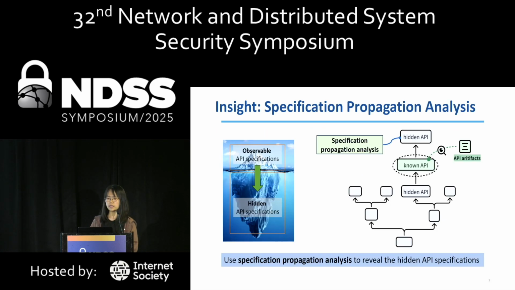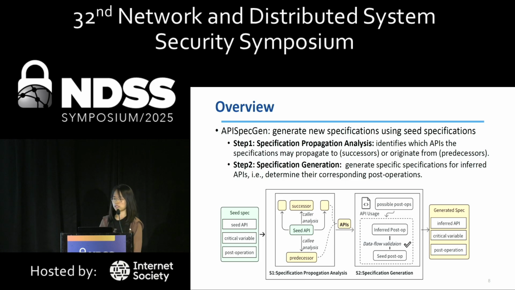So by using known specifications as seeds and performing propagation analysis, we can uncover hidden API specifications for better bug detection. Therefore, in this paper, we introduce APISpecChain, which generates new specifications from seeds. It has two steps: specification propagation analysis and specification generation.